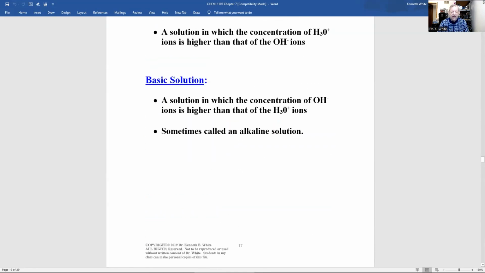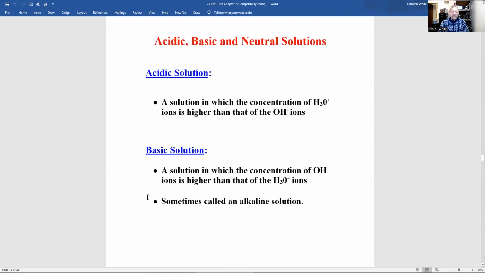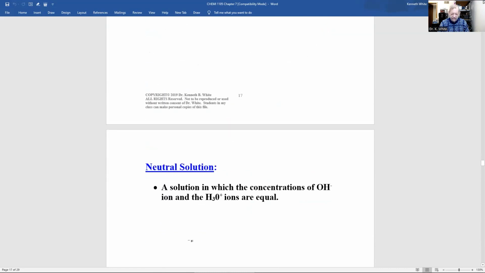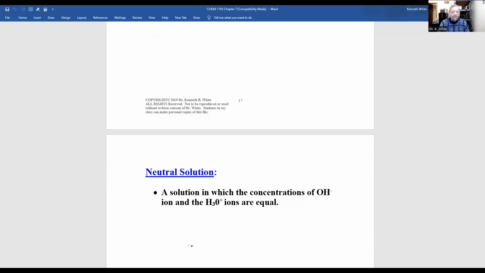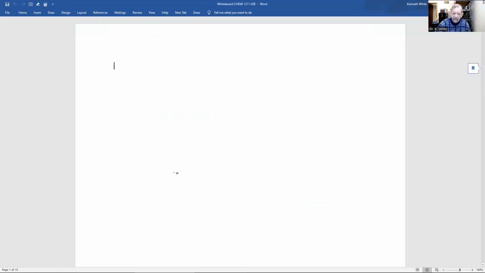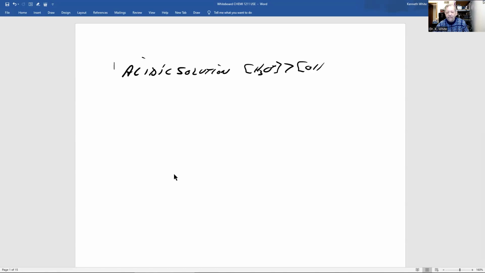Now, yesterday, I talked about acidic, basic, and neutral solutions. And this is something you should know. For an acidic solution, the hydronium ion concentration is greater than the hydroxide.